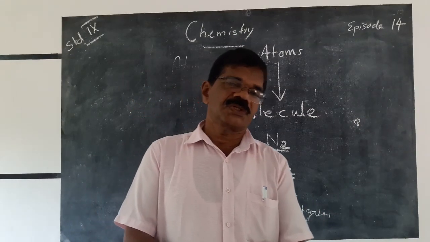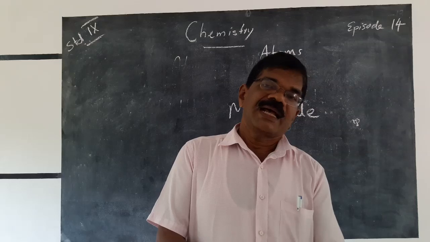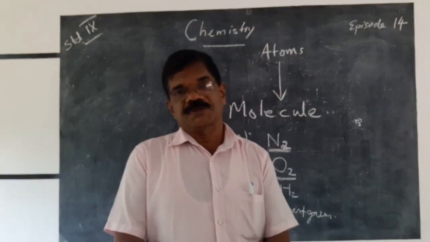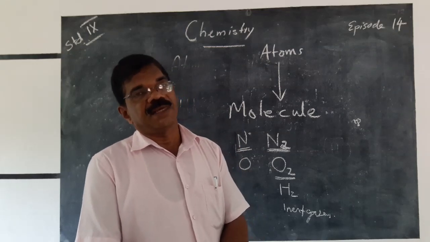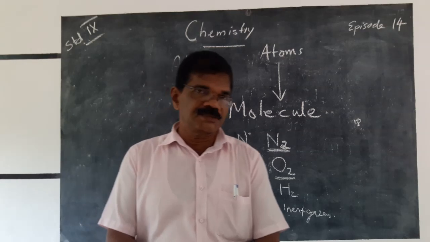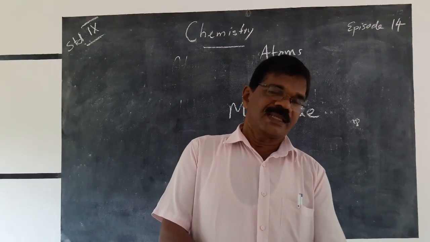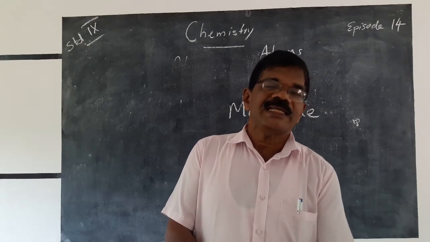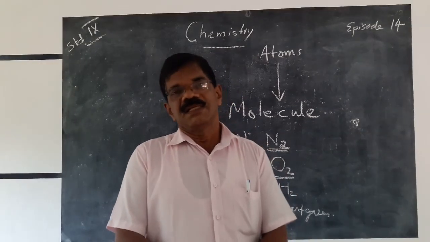The molecule shows the properties of the substance, but atoms may or may not. Atoms may or may not exist independently. What is the meaning of that? In the case of certain elements like inert gases, the atoms exist in the independent state.